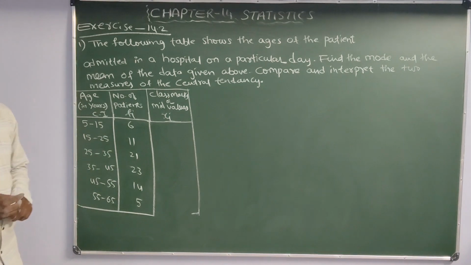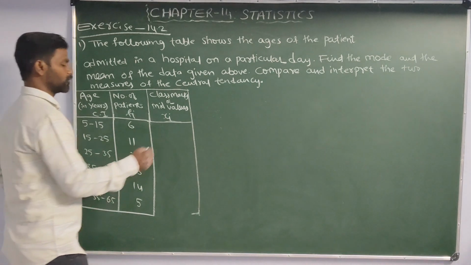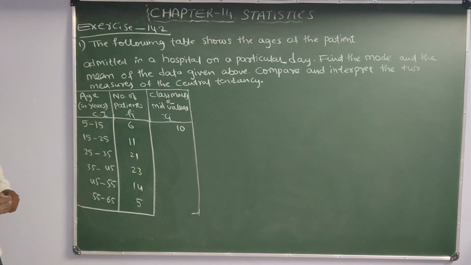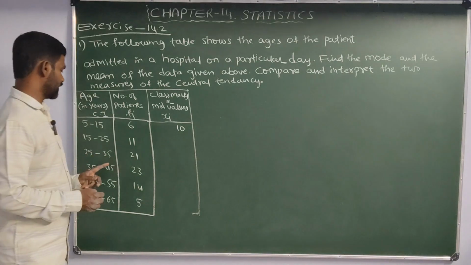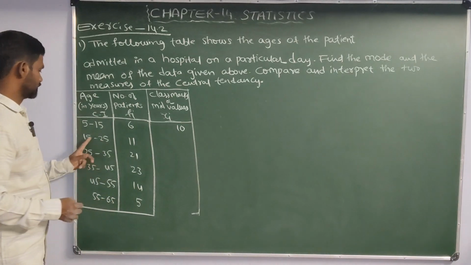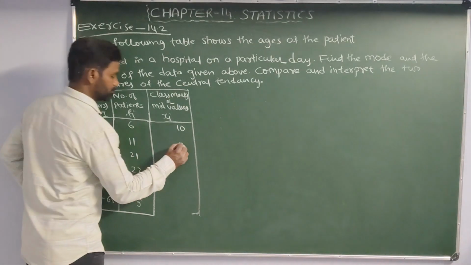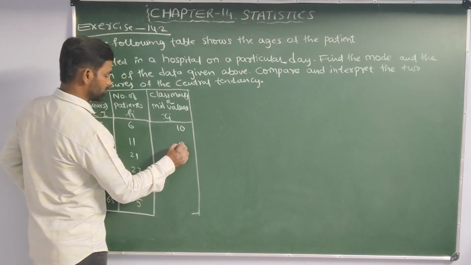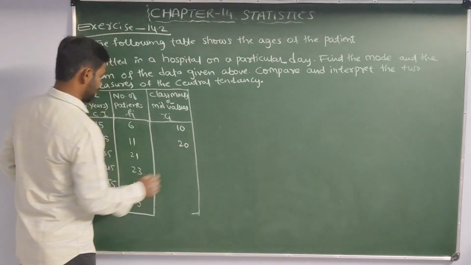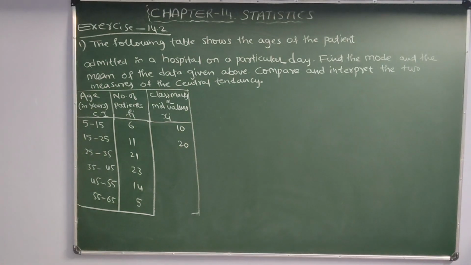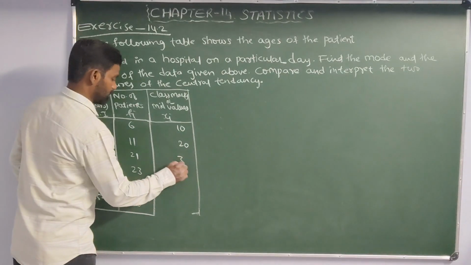5 plus 15, it is 20. 20 divided by 2, it is 10. Next, 15 plus 25, so how much is it? It is 40. 40 divided by 2, it is 20. Next, 25 plus 35, it is 60. 60 divided by 2, it is 30.